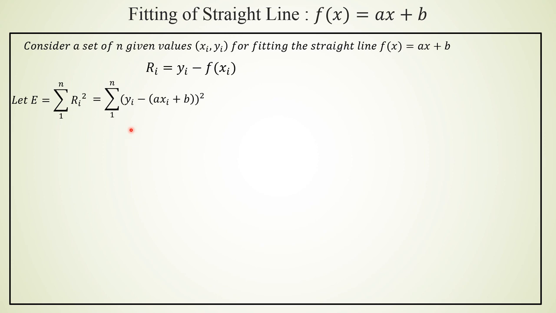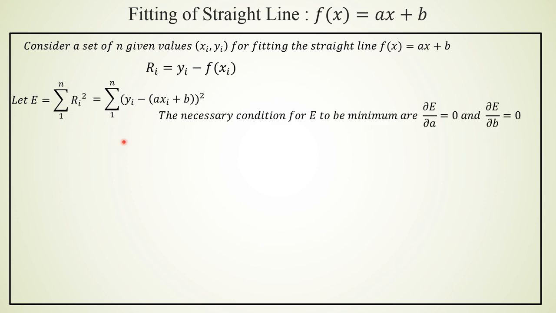Then we have to find a curve f of x in such a way that the sum of the squares of the residues is least. And the necessary conditions for E to be minimum are that the partial derivative of E with respect to a is equal to 0 and the partial derivative of E with respect to b is equal to 0.